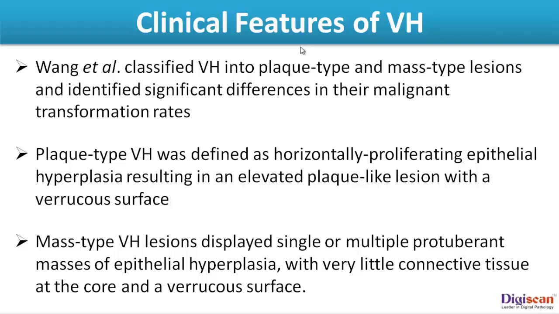Mass-like verrucous hyperplasia lesions displayed single or multiple protuberant masses of epithelial hyperplasia with very little connective tissue at the core and a verrucous surface.